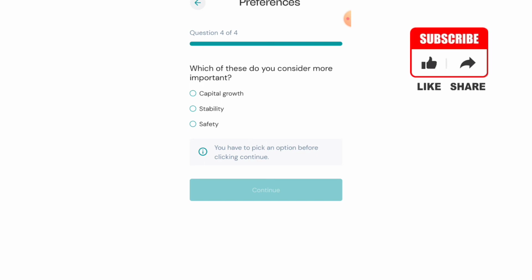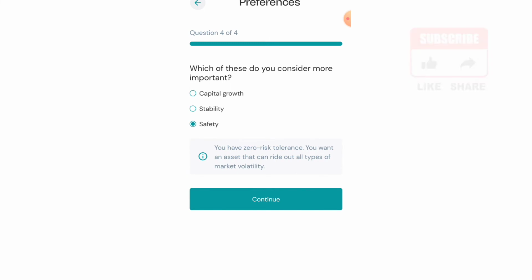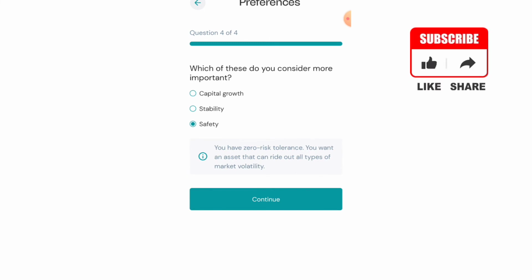Stability or safety is best for me, but if you know your risk appetite is high, you can go for capital growth. If you have low risk tolerance, you want to protect your capital and get decent return. If you pick safety, they'll tell you that you have zero risk tolerance. You want an asset that can ride out all types of market volatility.